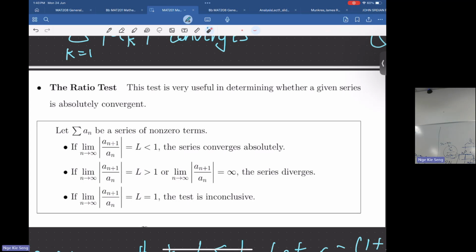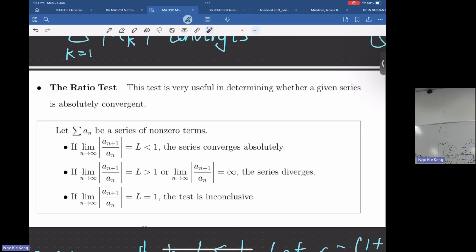When the one below is larger, and the one above is smaller. So that means when you compare consecutive terms, the terms get smaller, smaller, and smaller. How small does it have to go? When this limit equals some L less than 1, then the series converges absolutely.